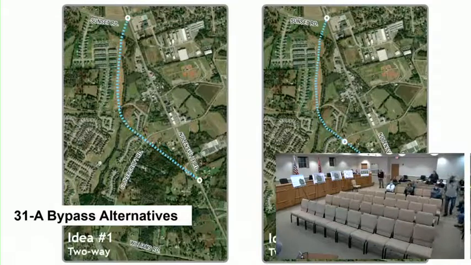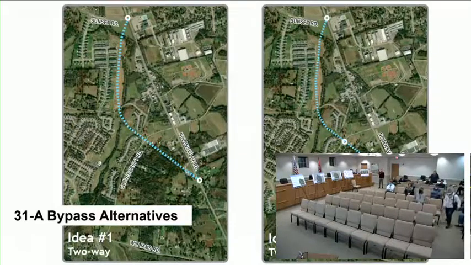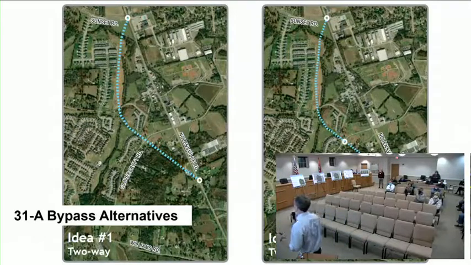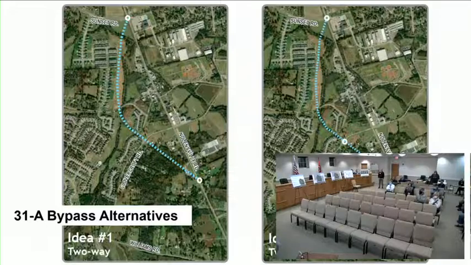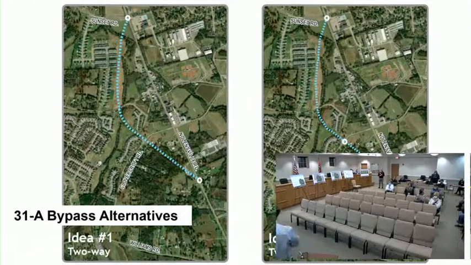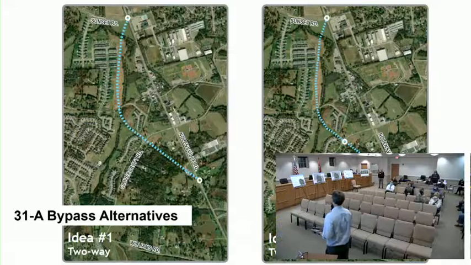Assume it's a state-funded project. It has to get into the Metropolitan Planning Organization's Regional Transportation Plan. And it has to then work its way into what's called the TIP, where TDOT commits to doing it and the funding. So a lot of that just takes time.